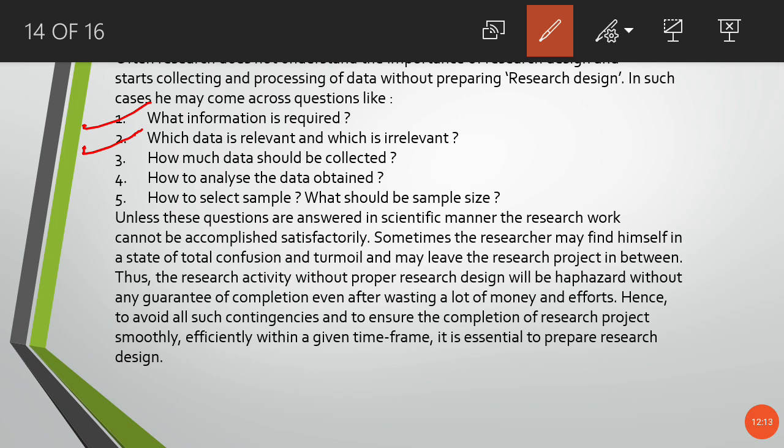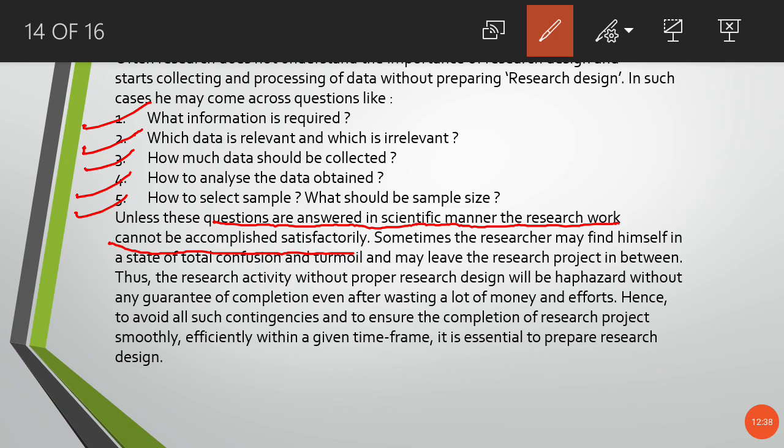Which data is relevant and which is irrelevant? 3. How much data should be collected? 4. How to analyze the data obtained? 5. How to select a sample? 6. What should be the sample size? Unless these questions are answered in a scientific manner, the research work cannot be accomplished satisfactorily.